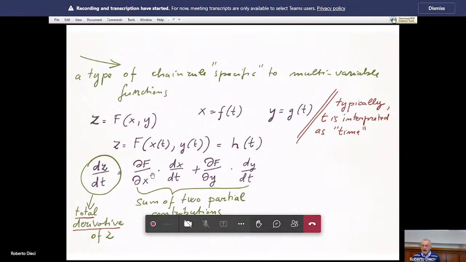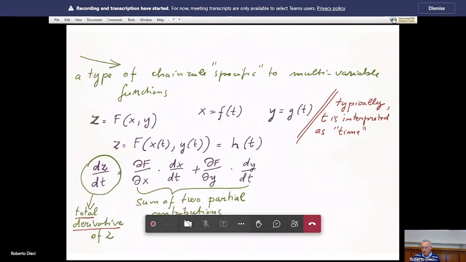And you see that the total derivative of z is a little bit like the differential. It's similar, the structure. It's the sum of the two partial contributions. So the total derivative of z with respect to time is the sum, an additive structure, of two contributions. One is the contribution of x changing over time and affecting partially capital F. And the other is the contribution from y changing over time and affecting f on the other side.